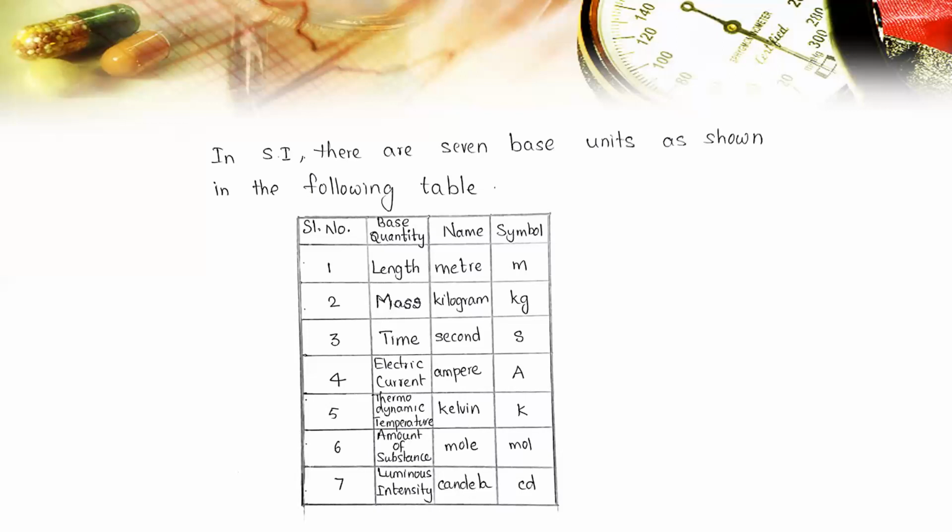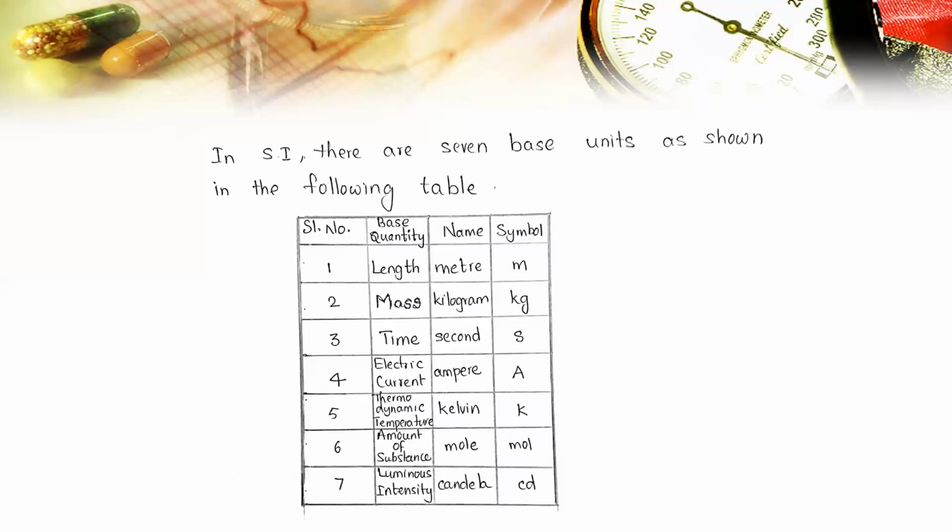Mole is generally used to measure chemical elements and compounds, and luminous intensity is generally used to measure the intensity of light. The remaining ones most of you know from your previous classes.